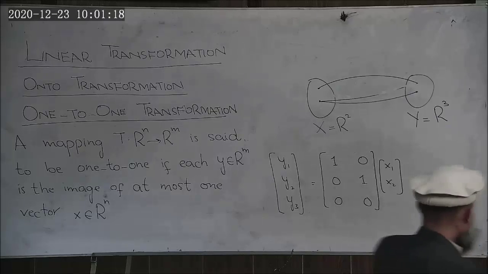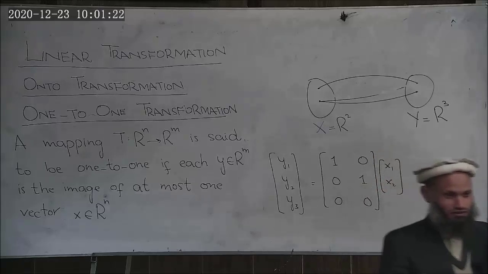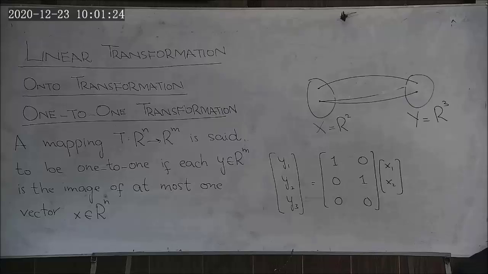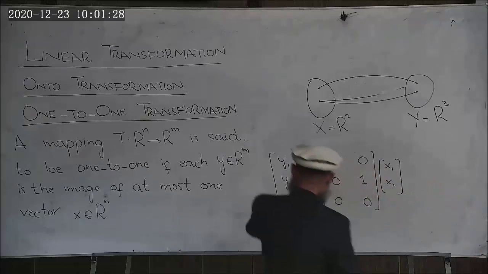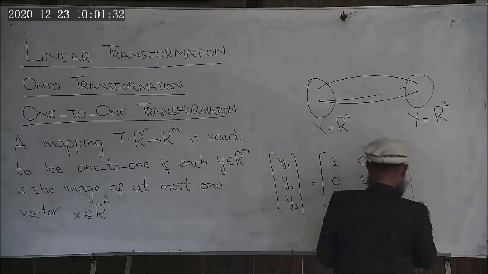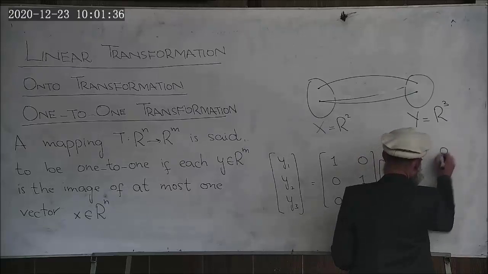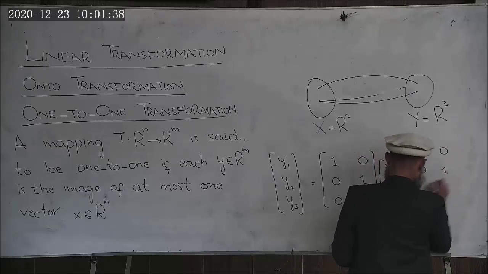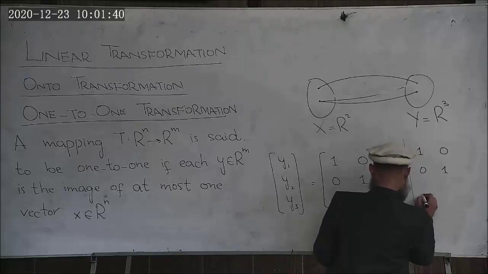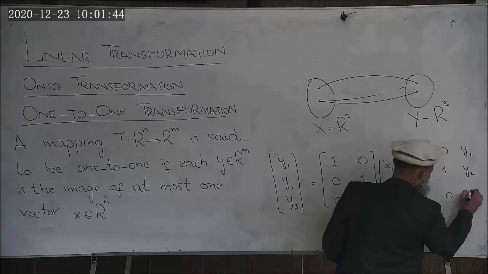So either there exists no solution or there exists only one, a unique solution, right? For example, how to find the solution to this system of equations? Again, construct the augmented matrix. That augmented matrix is given by this, with y1, y2, y3.